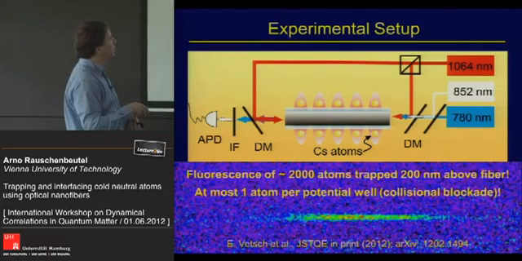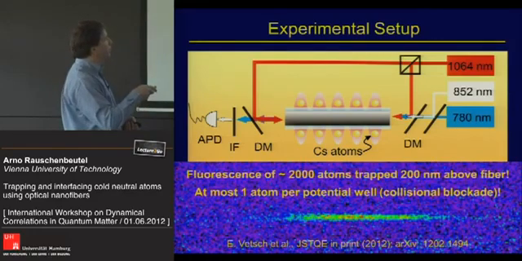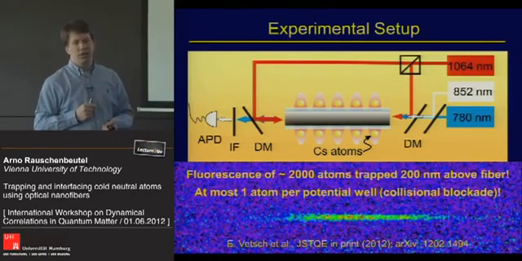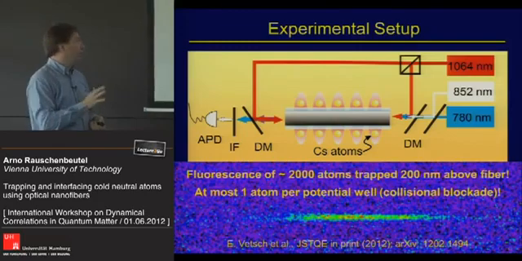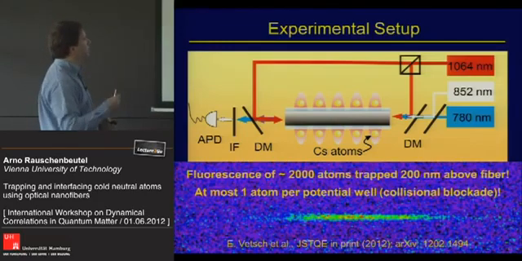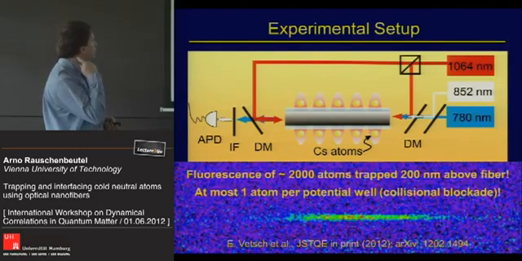And in our case, this effect saturates, so we have 0 or 1 atom at each potential well arbitrarily. So this is kind of random, but still some non-Poissonian statistics.